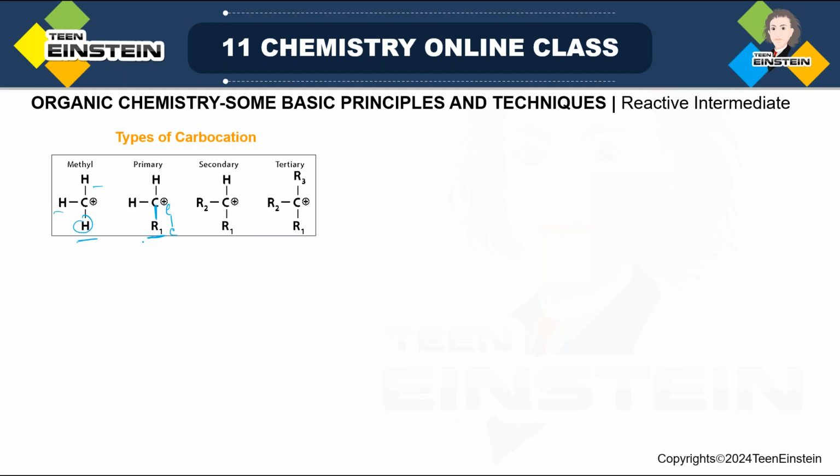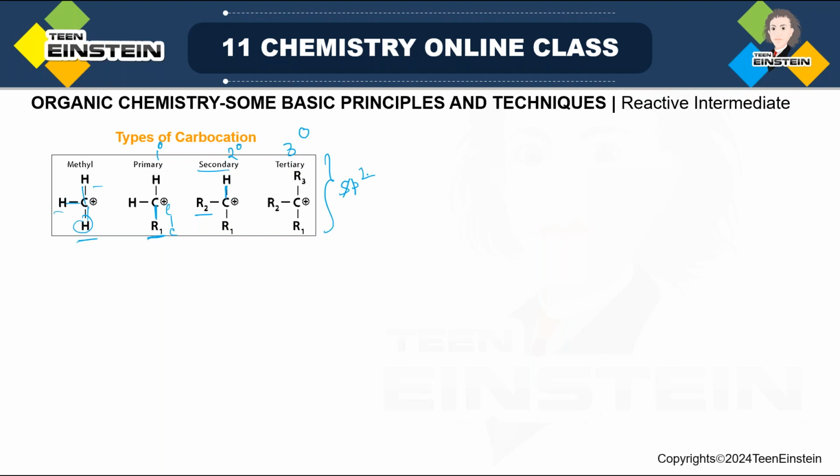The second one is when another hydrogen is also replaced by some other alkyl group or the same alkyl group. The two R groups may be same, may be different. Whatever it is, now you have only one CH bond, and this is called secondary. You can also use this type of sign. And tertiary means when you do not have any carbon-hydrogen bond. So in all these cases, as there are 3 sigma bonds, all these are basically sp2 hybridized.